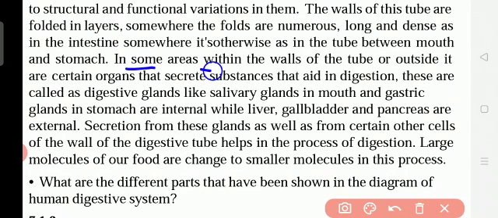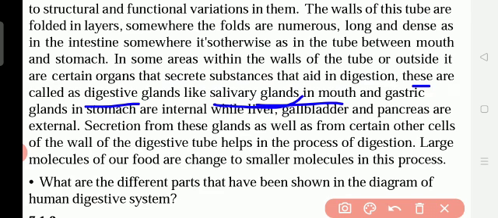Some glands help in digestion. In some areas within the walls of the tube or outside it are certain organs that secrete substances that aid, meaning help, in digestion. These are called digestive glands.